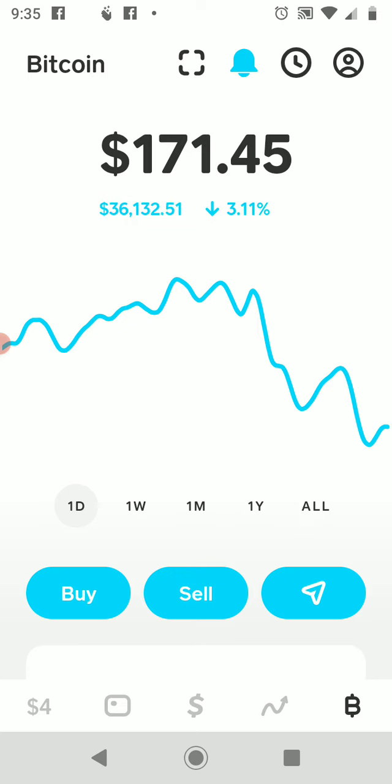I'm telling you, a lot of people have made a lot of money off Bitcoin. If I knew 10 years ago what I know now, whew, man. But in my opinion, it is not too late by any stretch of the imagination to start investing in cryptocurrency, whether it's Bitcoin, Ethereum, Shiba Inu, some of your tokens that are doing really well right now.